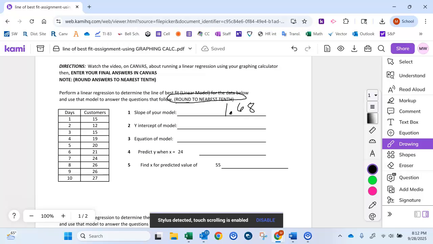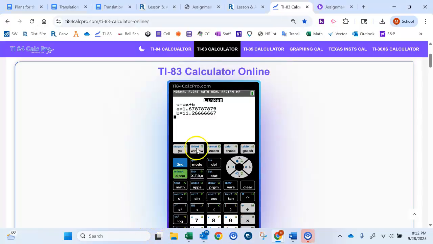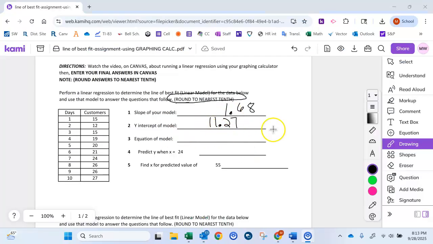The y-intercept is the B, 11.27, again nearest hundredth. So that's the y-intercept. Remember, the equation is y equals mx plus b. So y equals, the m is the slope, so that's 1.68x plus, and this is the y-intercept, 11.27.